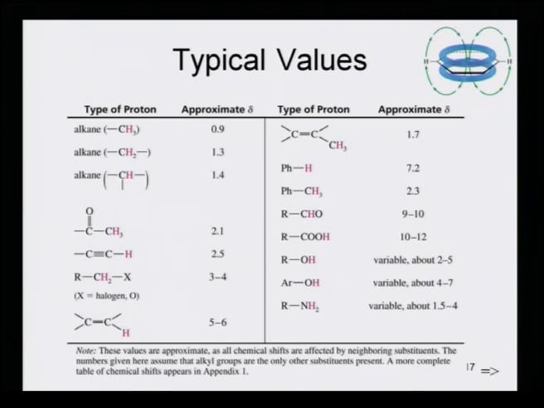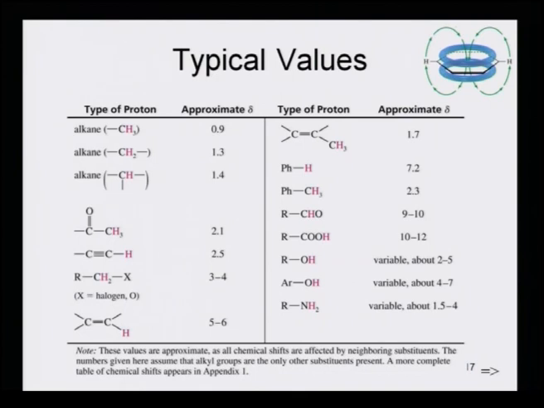A phenyl proton, that means an aromatic hydrogen, will appear at 7.2 delta value. But if the same phenyl hydrogen is substituted by a methyl, then this methyl will appear at 2.3.